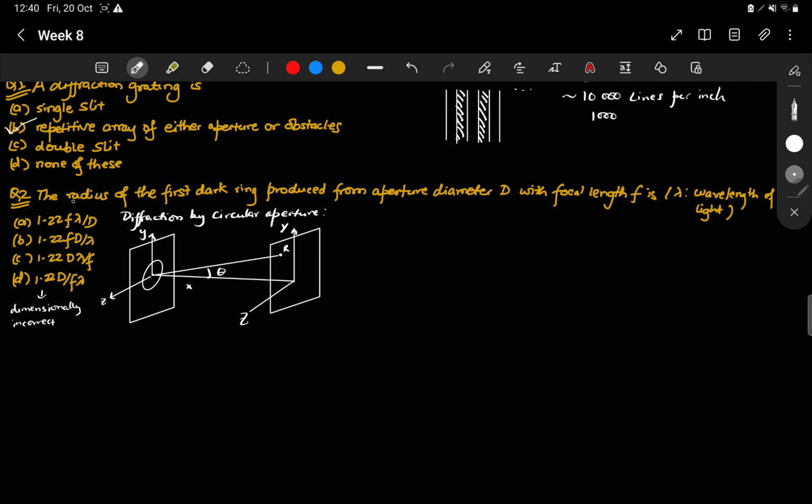Because you want to find out radius. Radius would have a dimension of length, whereas d over f lambda would have a dimension of 1 over length.